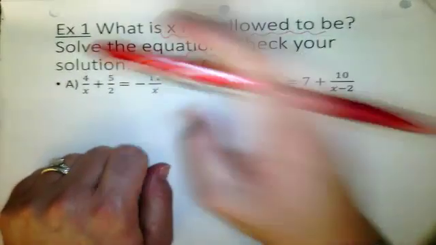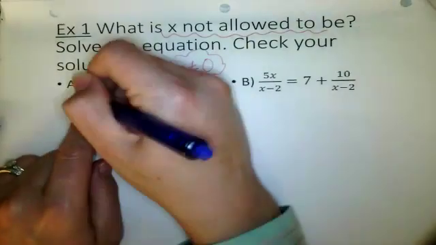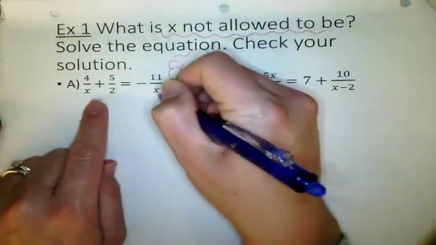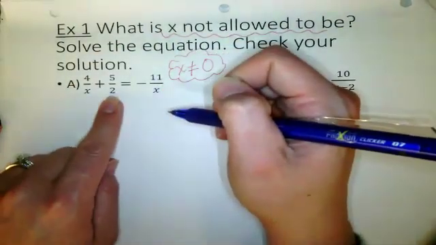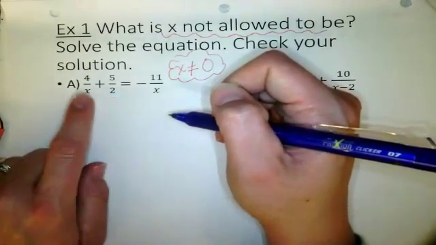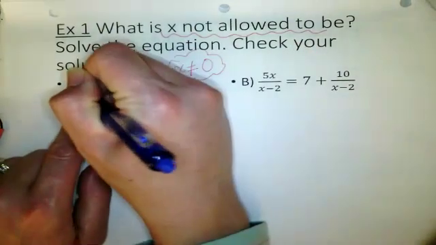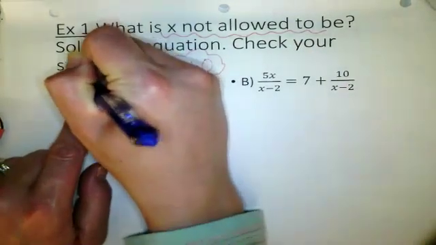Once we know that, now our job is to make all of our denominators the same. So I have a factor of x here. A couple of them have an x. This one has a 2 in the denominator. I need them to all have the same parts. What does this first fraction need? A 2. It needs a 2 on top and bottom.